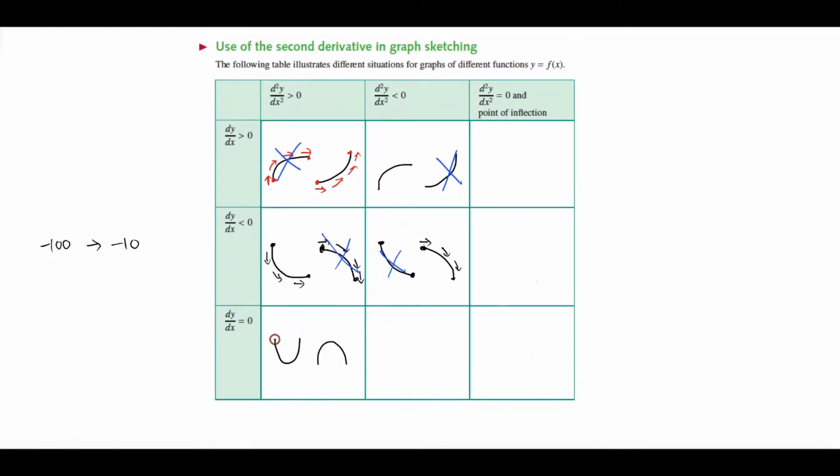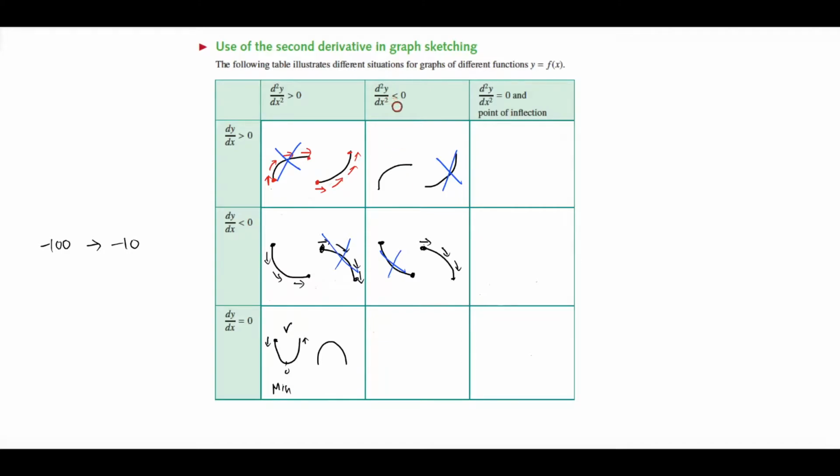This is a very negative gradient, very steep, but then over time it becomes 0, and afterwards it becomes very positive. In that case, the gradient is actually increasing. So this is the right one. We have a minimum. When the first derivative is equal to 0 and the second derivative is bigger than 0, we have a minimum.